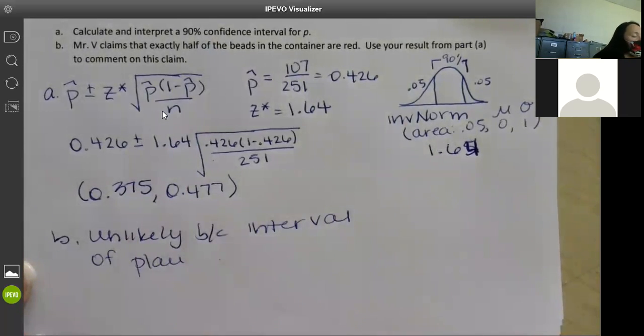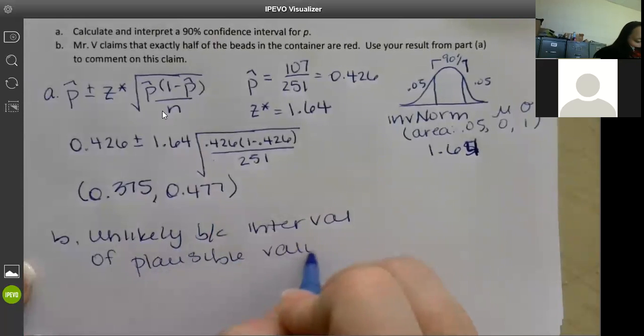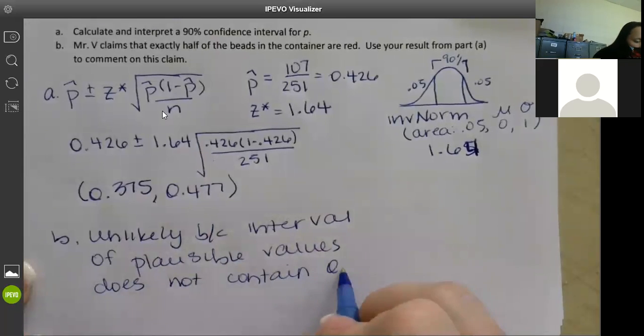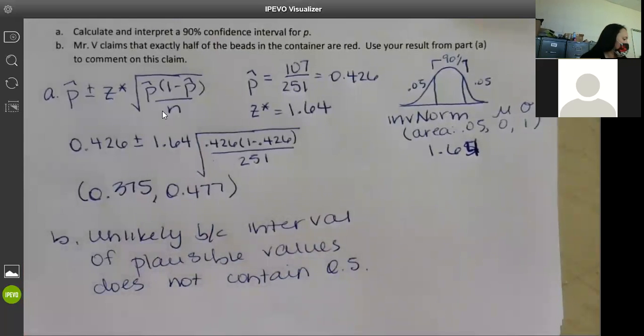And remember, these are intervals of plausible values. That's exactly it. Good job.